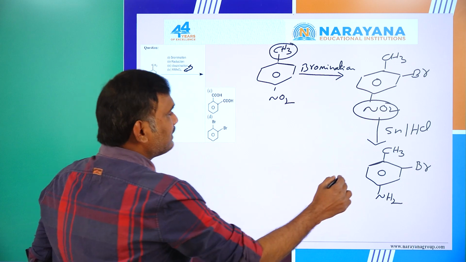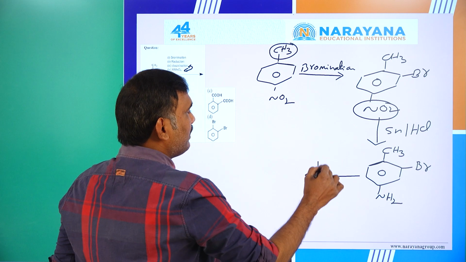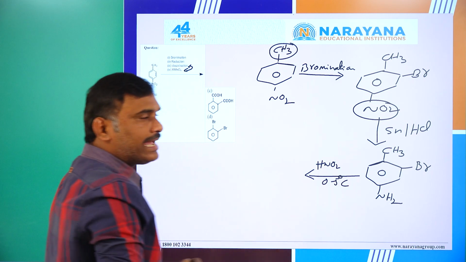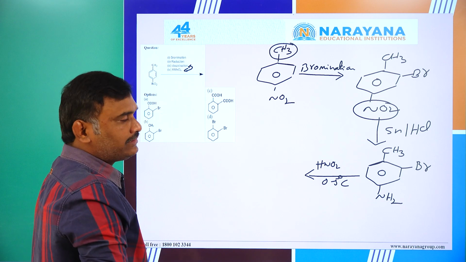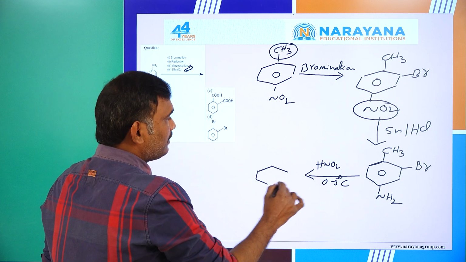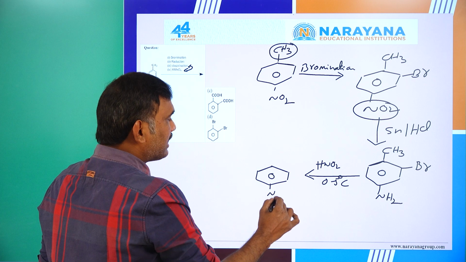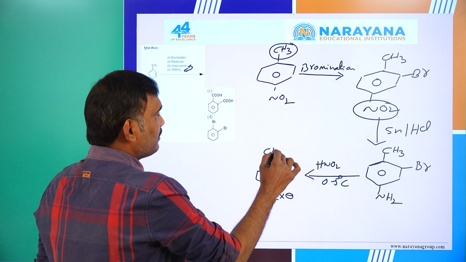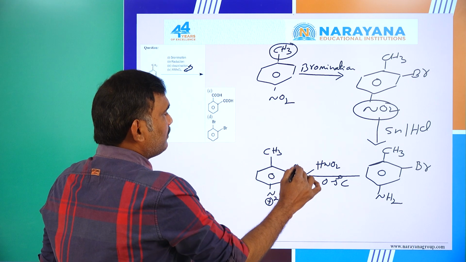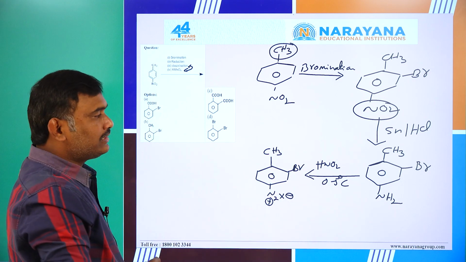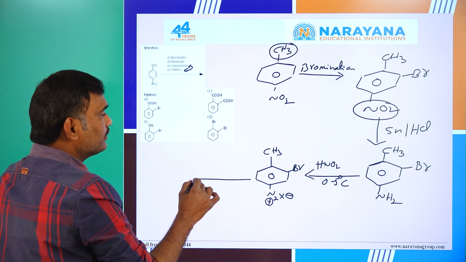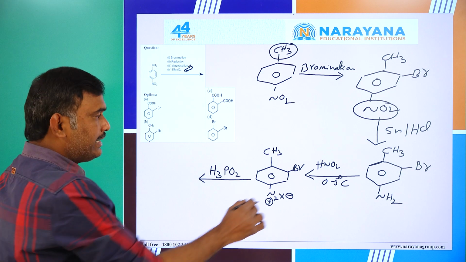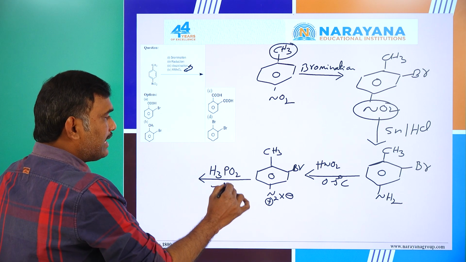And later, diazotization, HNO2 at 0 to 5 degrees, or NaNO2 HCl. Then it becomes a diazonium salt. Later H3PO2, again a reduction, causes a loss of nitrogen.